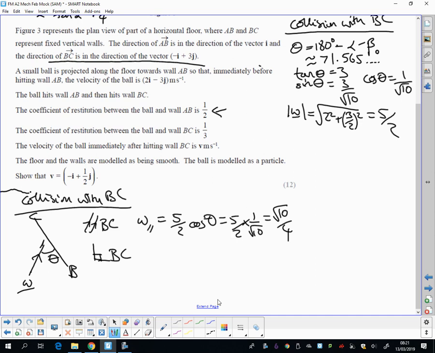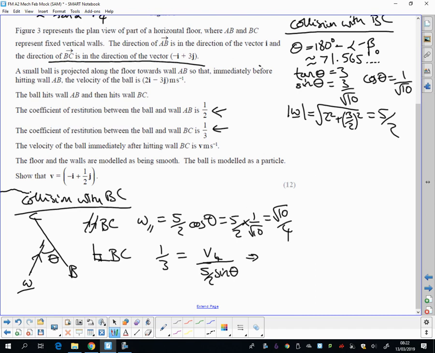So this time our coefficient of restitution is 1/3. So 1/3 is going to be our velocity perpendicular to the wall after hitting it, our speed of separation divided by our speed of approach, which is going to be 5/2 sine theta.